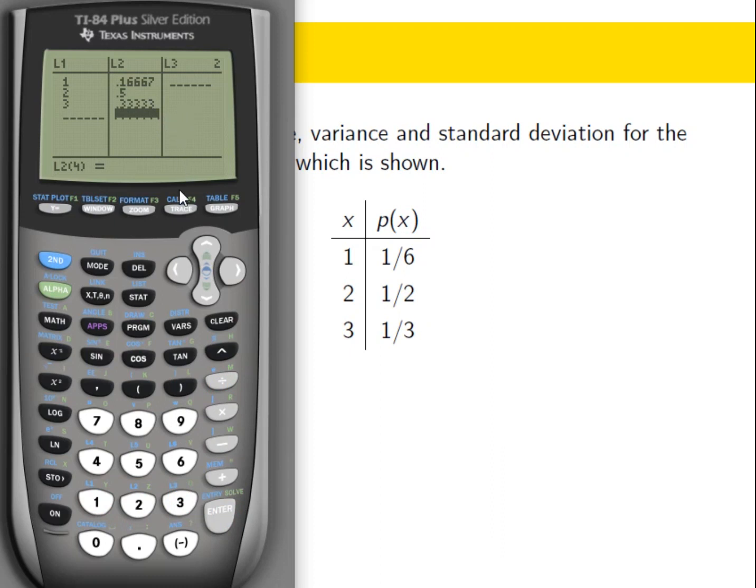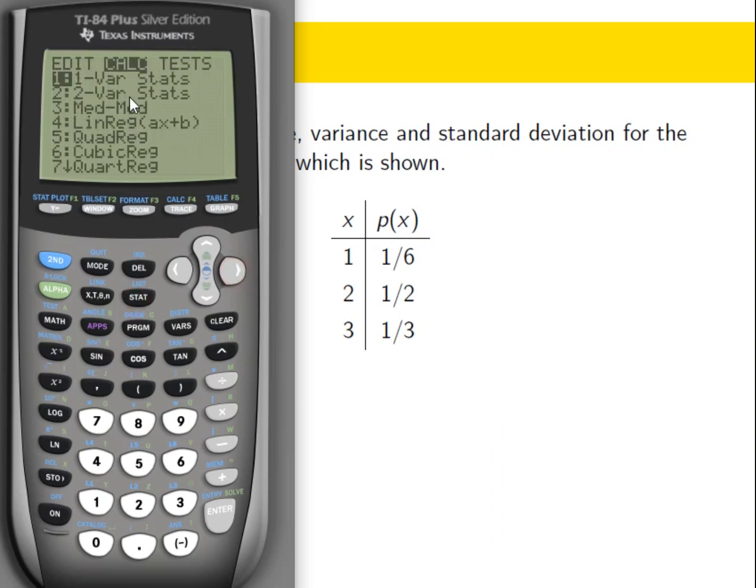So this is a cool thing that our calculator will do, and it's actually using the ability of our calculator to interpret frequency tables and to calculate the mean and the standard deviation, the descriptive statistics, for a frequency table rather than just a data set. But it turns out to do exactly the calculations we need. So let me show you how that works. I'm going to go to my stat button, calculate menu, and I'm going to do 1-Var Stats, not 2-Var Stats.